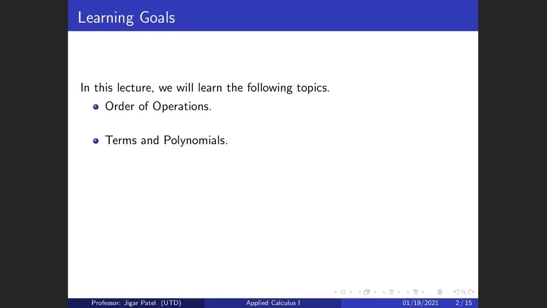Once we have the idea of polynomials, we will be answering questions like, if I give you two polynomials, can you add them, multiply them, subtract them, divide them? So basic operations on polynomials is what I would like to talk about. And then if we have time, I will get into the idea of factorization of polynomials.